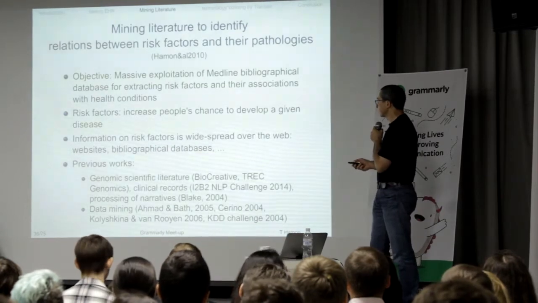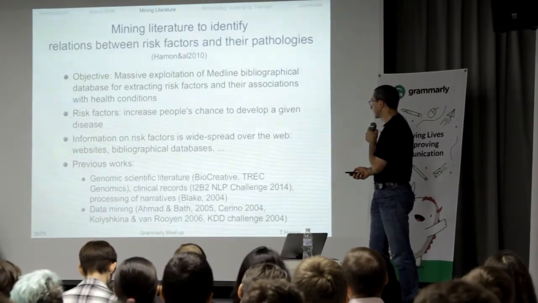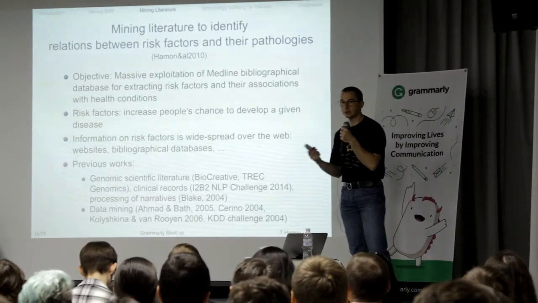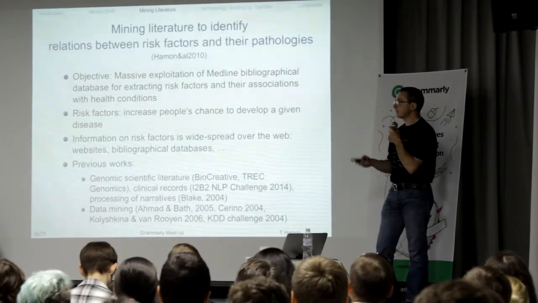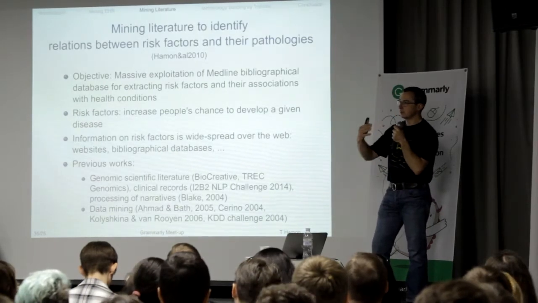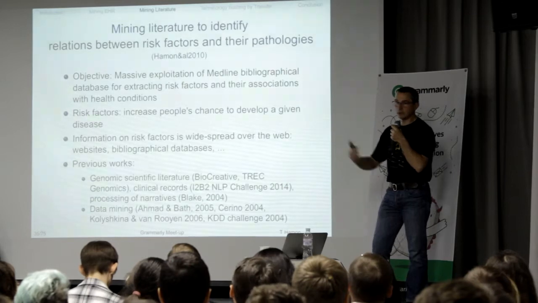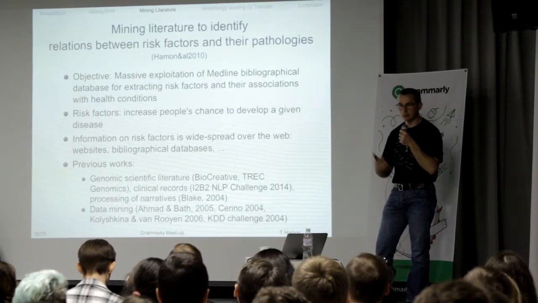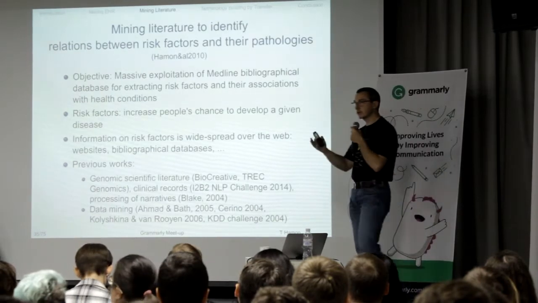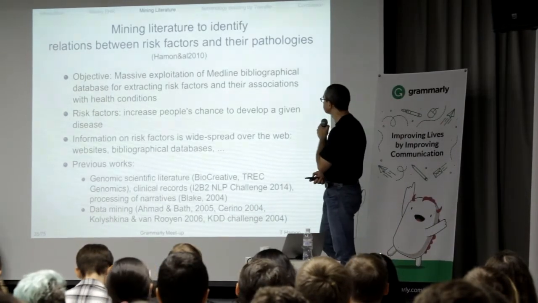There is previous work on the identification of risk factors, but not from text. Here we try to read all the papers on risk factors and to identify the risk factors related to disorders.